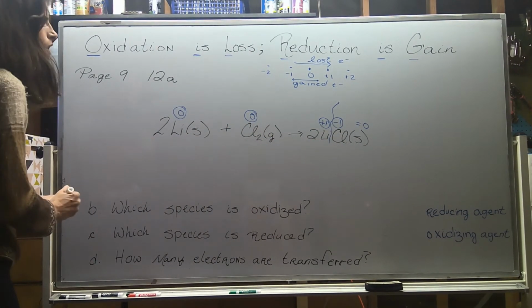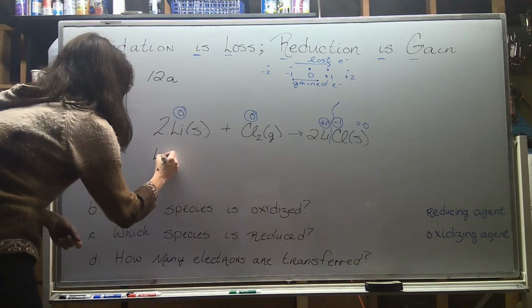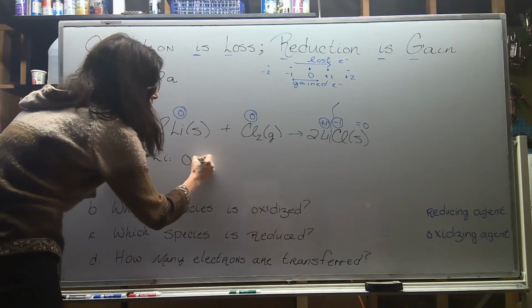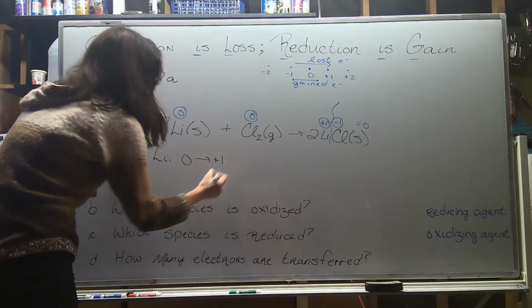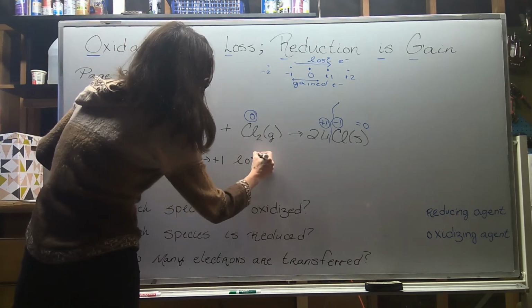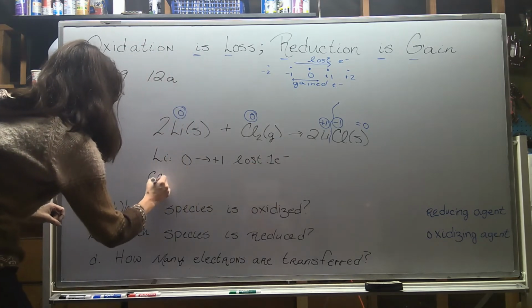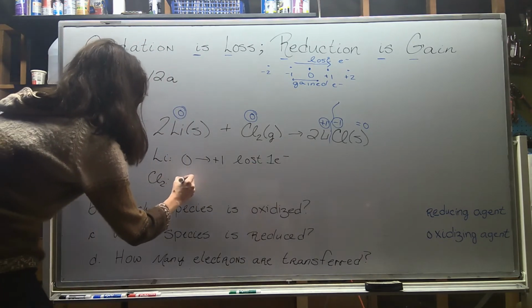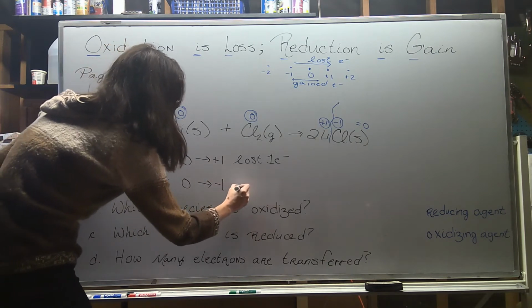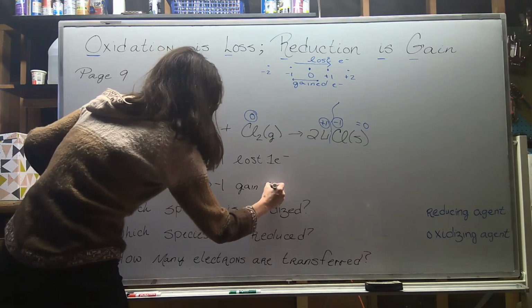Alrighty, so for our analysis here, I'm going to start with lithium. Lithium goes from 0 on the left to +1 on the right. That means it lost 1 electron. The diatomic chlorine goes from 0 on the left to -1 on the right, so then it gained 1 electron.